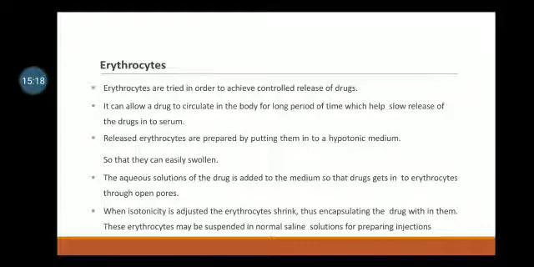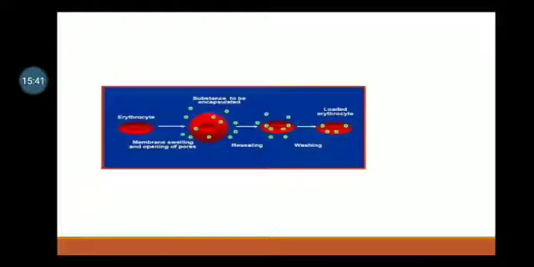The aqueous solution of the drug is added to the medium so that drugs get into erythrocytes through open pores. When isotonicity is adjusted, the erythrocytes shrink, thus encapsulating the drug within them. These erythrocytes may be suspended in normal saline solutions for preparing injections. In the diagram, erythrocytes are shown.